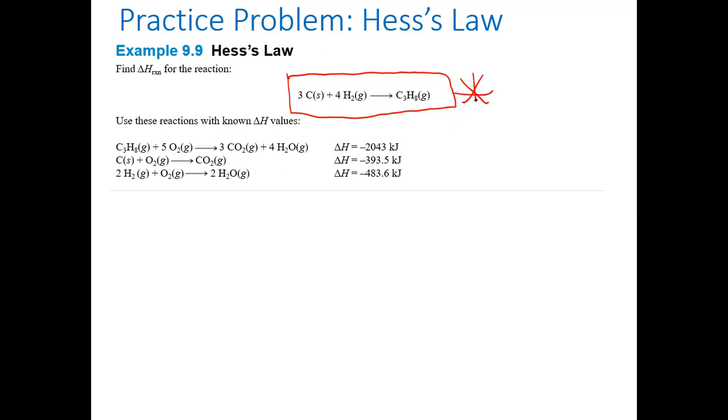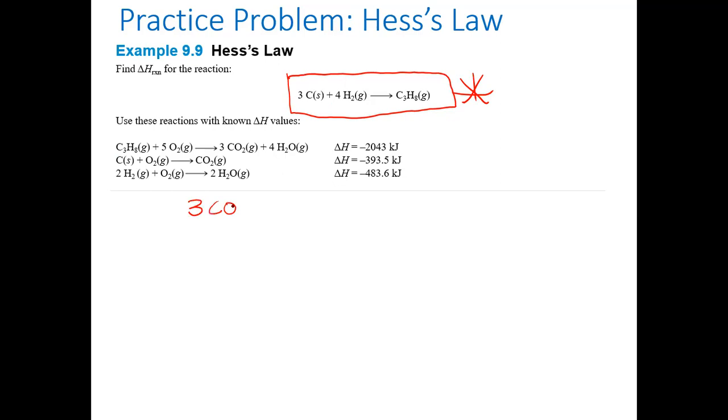Well, if we look at the first equation, I see that I have C3H8, but it is a reactant. I want it as a product. So the first thing I'm going to do is reverse that very top equation.